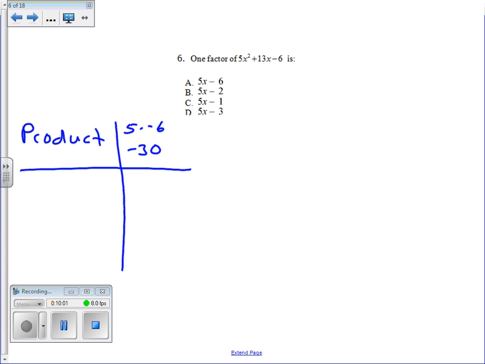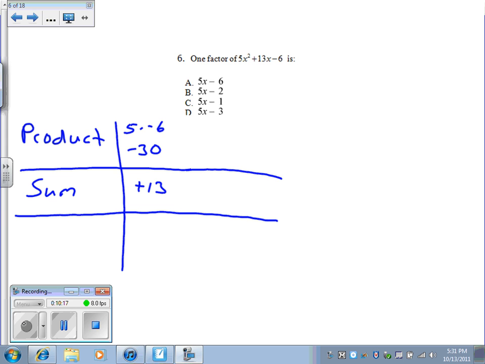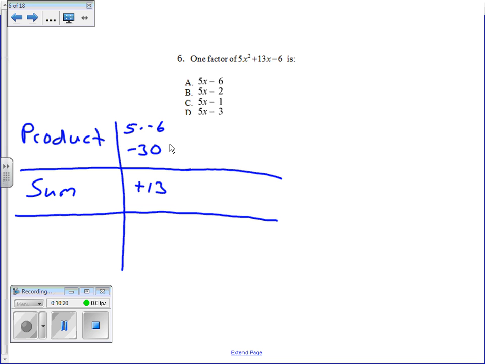And then the sum that I want is going to be positive 13. So I want two numbers that multiply to give me negative 30, but add to give me positive 13.